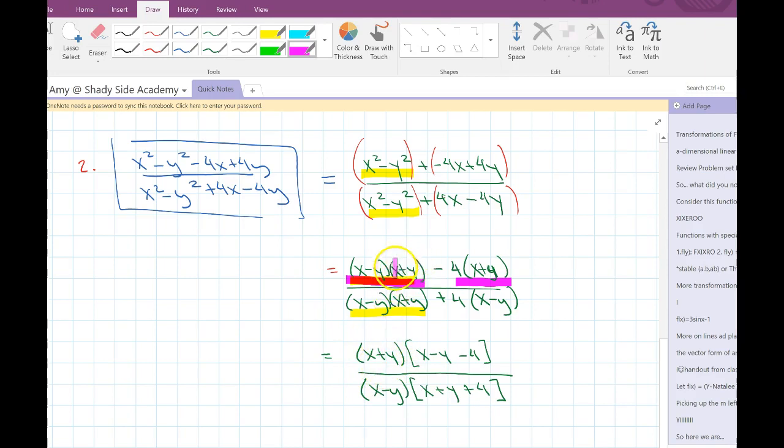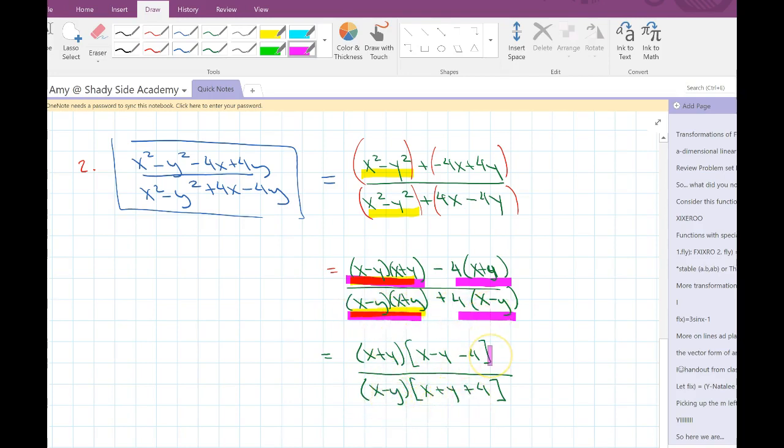If I factor x plus y out of the first term, what's left is x minus y. If I factor x plus y out of the second term, what's left is minus 4. Similarly, in the denominator, I have one term plus a second term. The common factor here is x minus y, undistributed, factored out. And then what's left, when you factor x minus y out of term 1 and term 2, is x plus y plus 4.